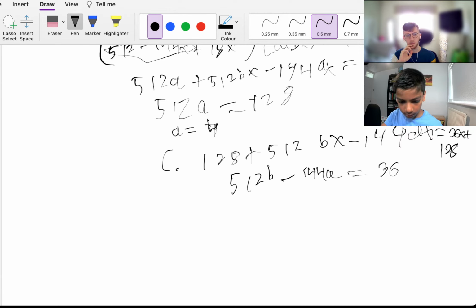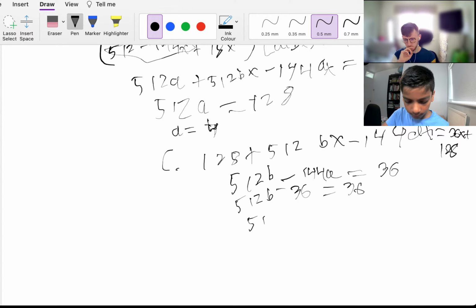Yeah, brilliant. Okay, so we already worked out that a was a quarter, so 144 times a quarter is 36. So 512b minus 36 is 36. 512b is 72. So b is 512 divided by 72, which is 64.9.